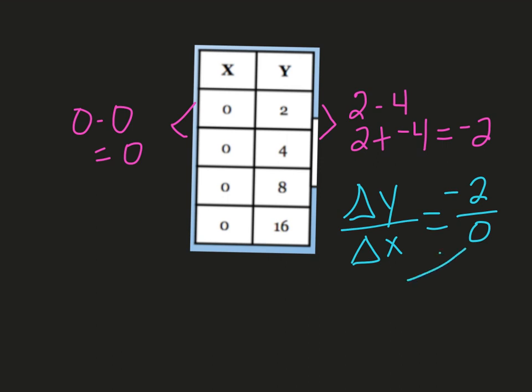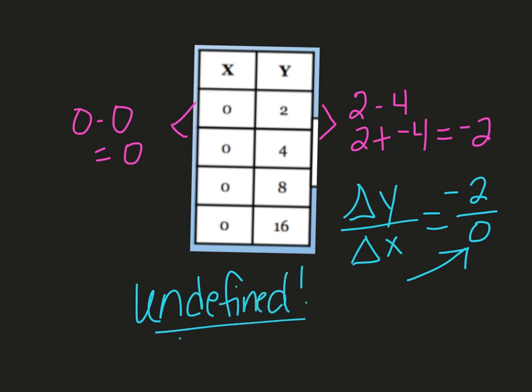But you cannot have 0 on the bottom. There's no number times 0 that will give you -2, so that is undefined. Okay, so anytime you end up with 0 on the bottom, you automatically know that it's an undefined slope.